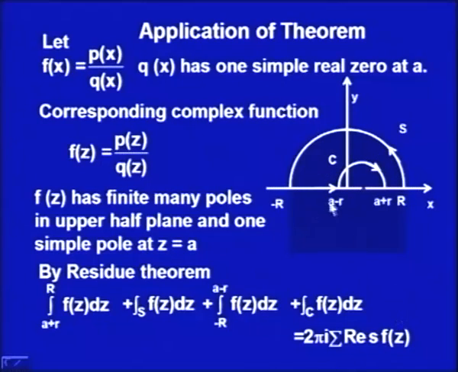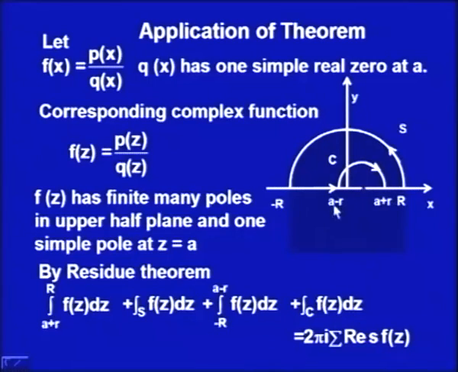Now see what r I have to take for bifurcating this pole on the real line. This r has to be small enough such that there is no other pole inside this semicircle, so we take r approaching 0.